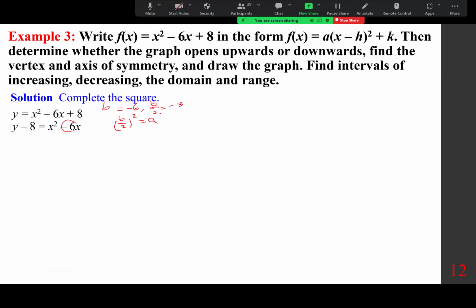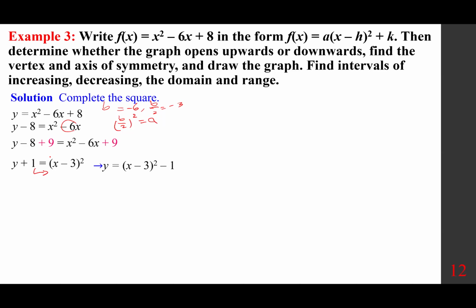So add 9 to both sides. And the right side becomes x minus 3 quantity squared. And now move the 1. Again, you didn't have to move the 1, but this is one way that in some instances may make it easier to understand.